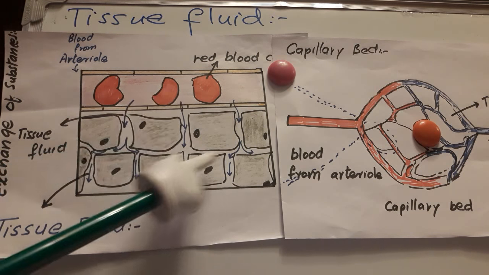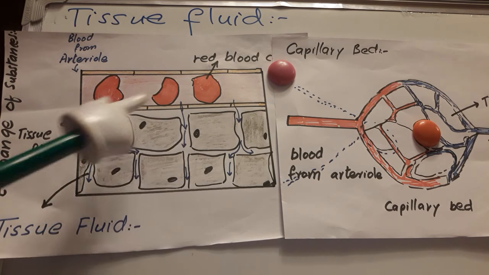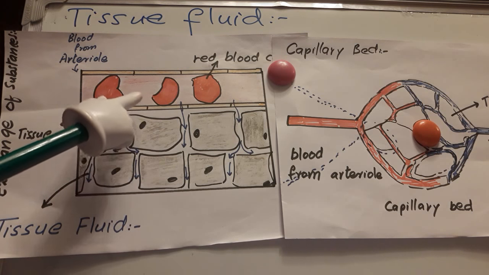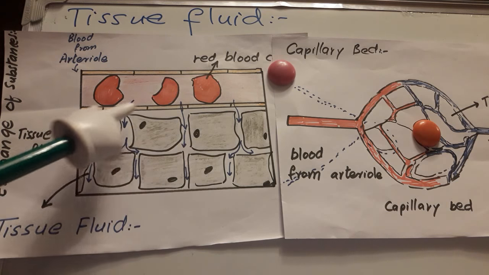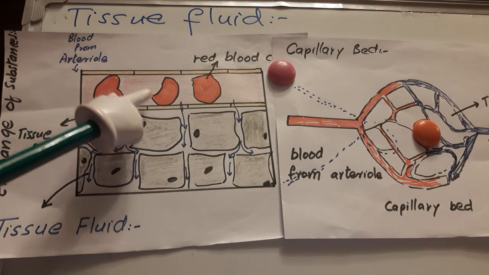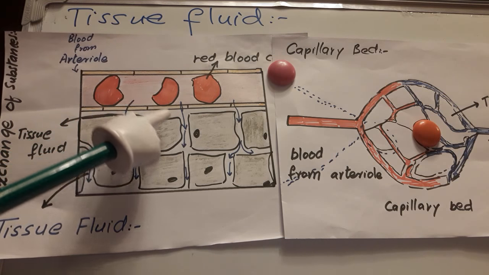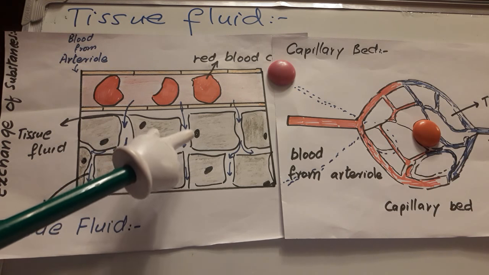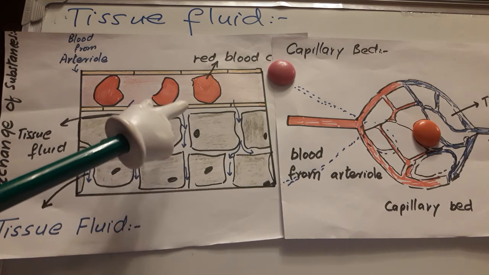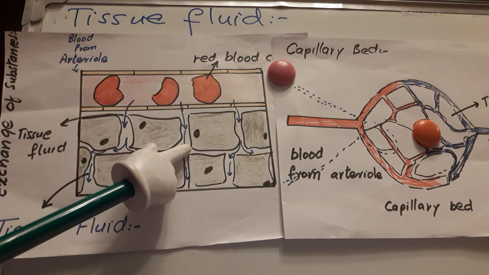These are the cells representing a tissue. And how is tissue fluid made? It's made from the small molecules that leave the blood plasma and come here, for example nutrients, oxygen, and water.